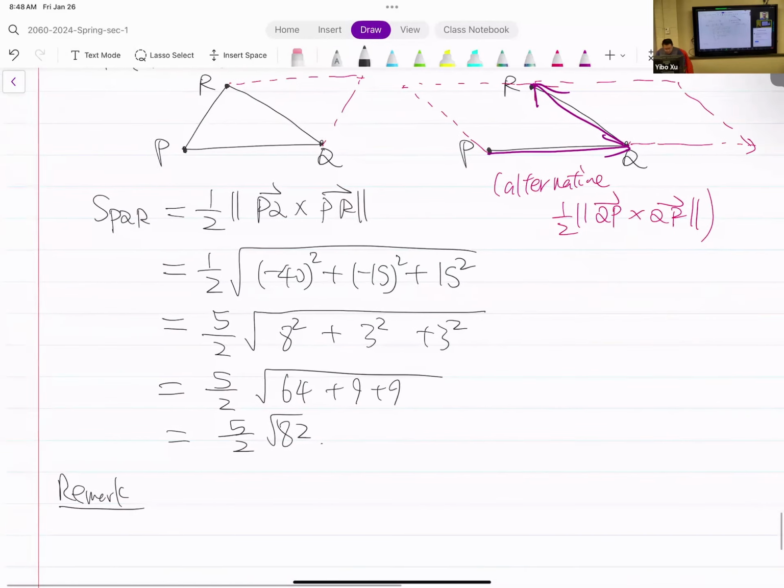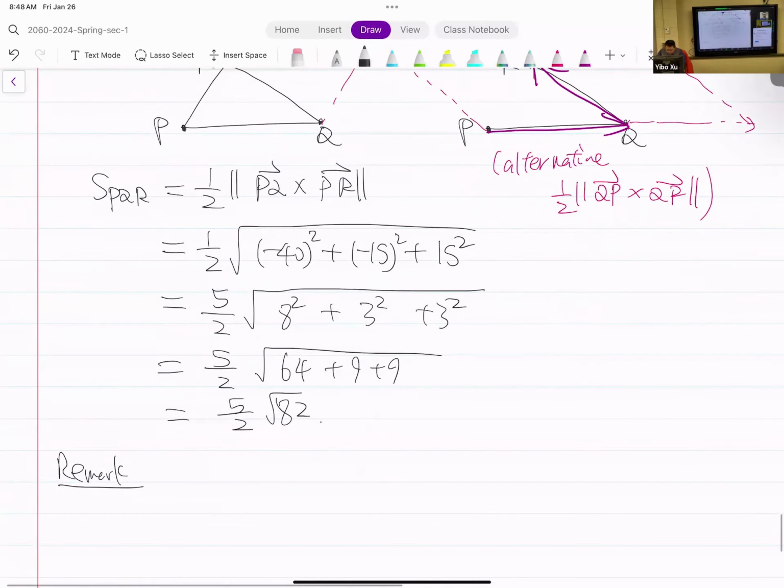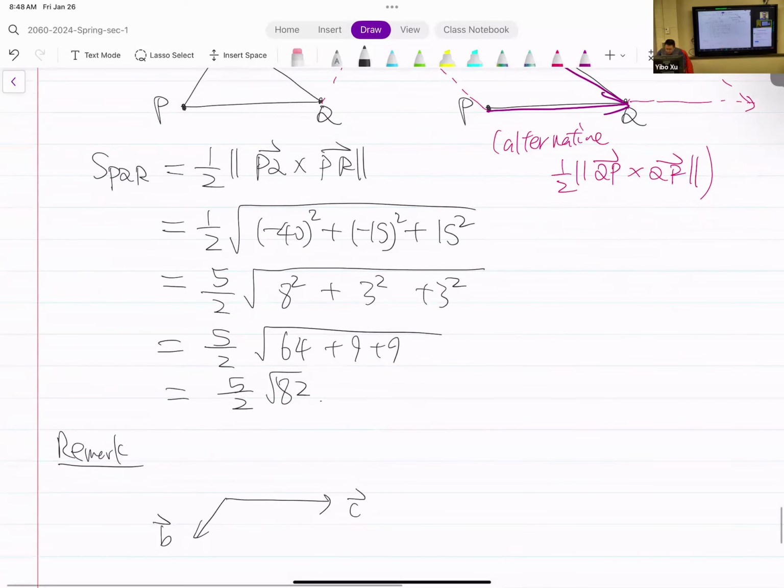So we actually introduced two perspectives of the cross product. So for the geometric perspective, take whatever two vectors, B and C. The cross product is actually the vector whose magnitude is the area of the parallelogram formed by B and C. But the vector is the one that's perpendicular and following the right hand rule, right?